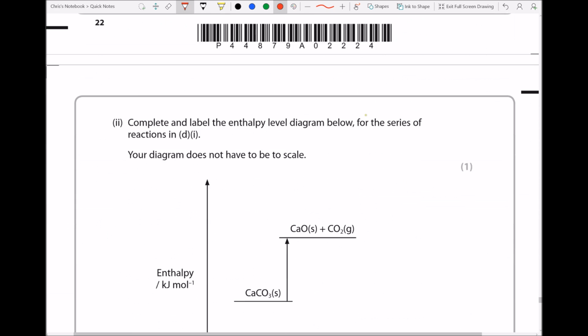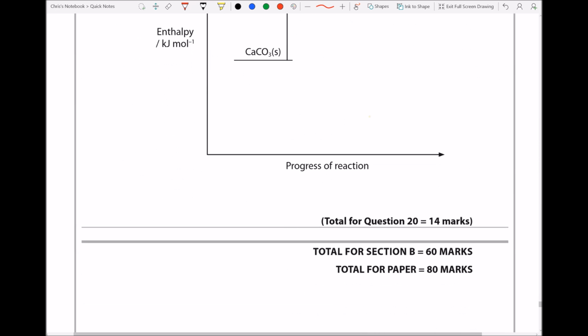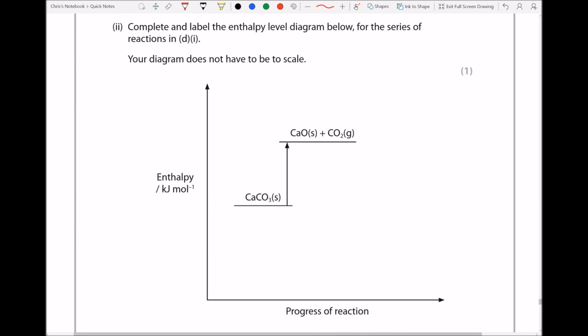Okay. Right, and on to part 2, which I believe, yeah, this is the very last question, so just 1 mark for this one. Right, complete and label the enthalpy level diagram below for the series of reactions in part 1. Your diagram does not have to be to scale. Right, so remember in the previous diagram, we're forming calcium carbonate, or we're using calcium carbonate to produce your products, and also we're using these ones to produce the same product.